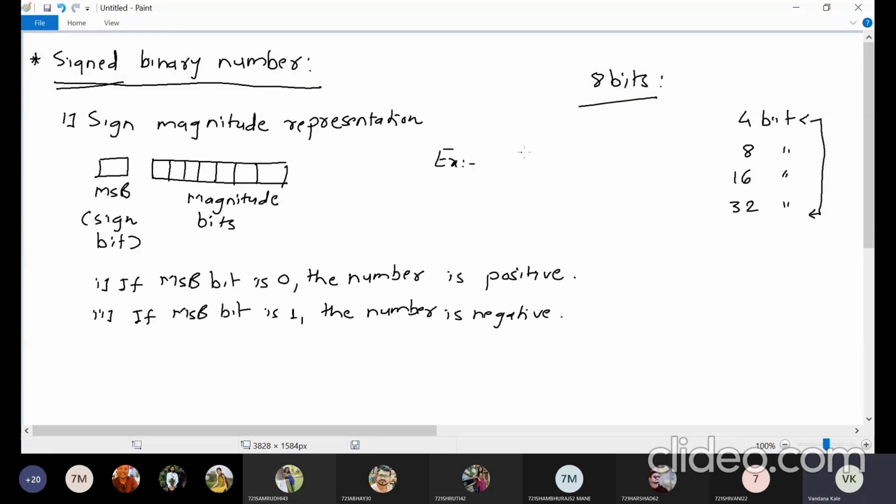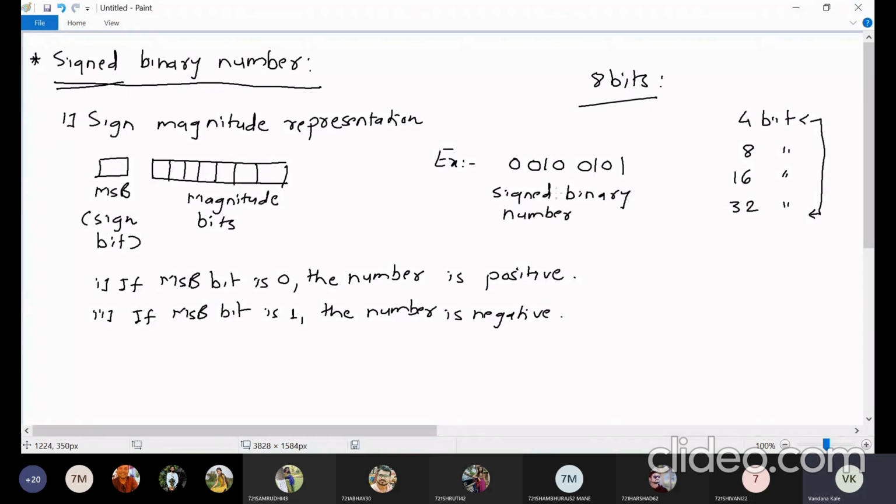Let's say the number is 0 0 1 0 0 1 0 1. It is a signed binary number.